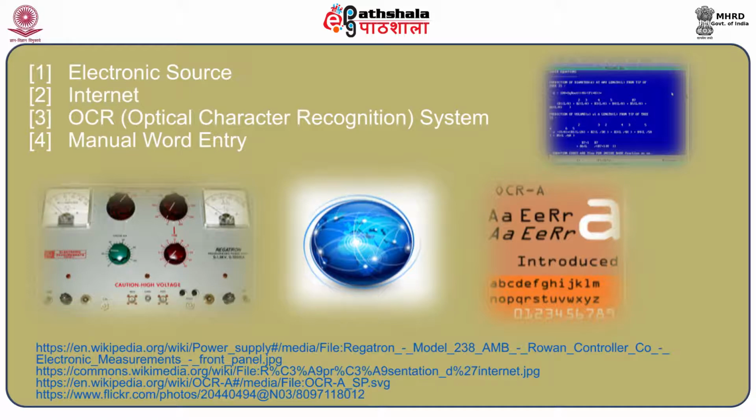That means the OCR system is supposed to change the image of a text into the text itself. When our corpus was being developed, OCR systems for English and other languages were a little advanced and could be applied for collecting data. But for Indian languages, honestly speaking, there was no such device readily available at the time. But there was a chance that we could use it to collect data.